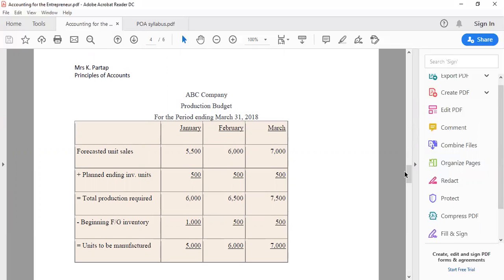What we have to do is add the amount we expect to have remaining to the amount we plan to sell to get how much production we require. When you add those two columns, we get the total production required. But we have to take away what we had in the inventory from before, which means at the beginning of January, we would have had 1,000 units in stock.